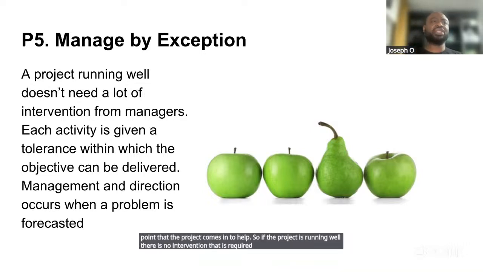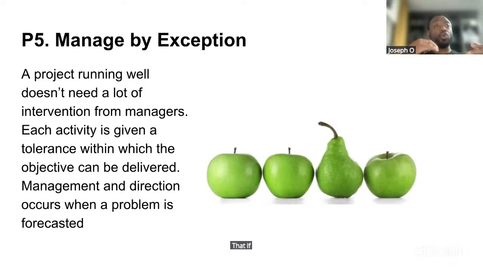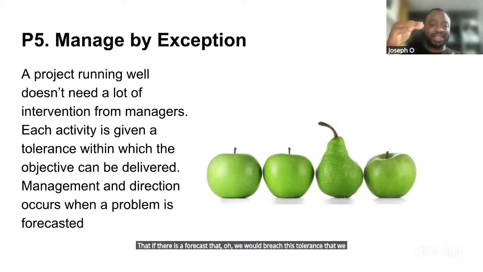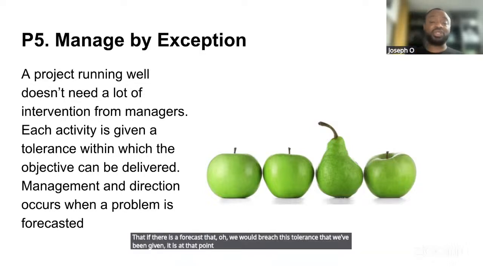And each activity has been given a tolerance, that if there is a forecast that, oh, we would breach this tolerance that we've been given, it is at that point that the person responsible for that task needs to highlight it to the project manager. And then that's where management comes by exception.